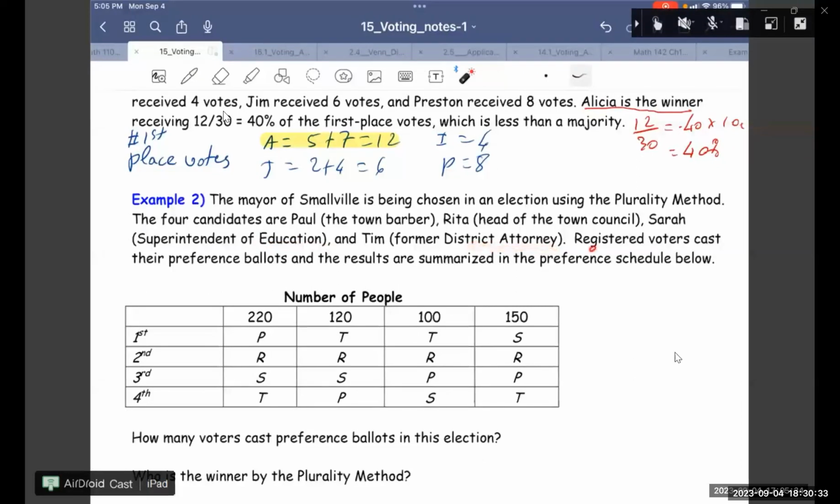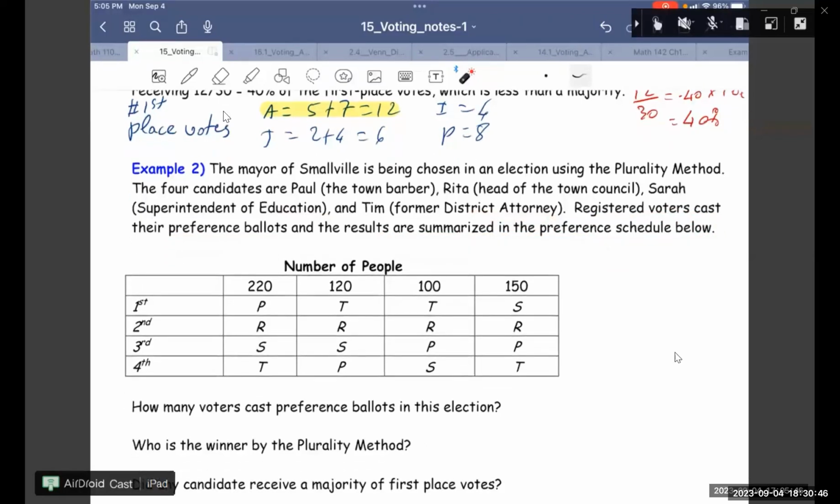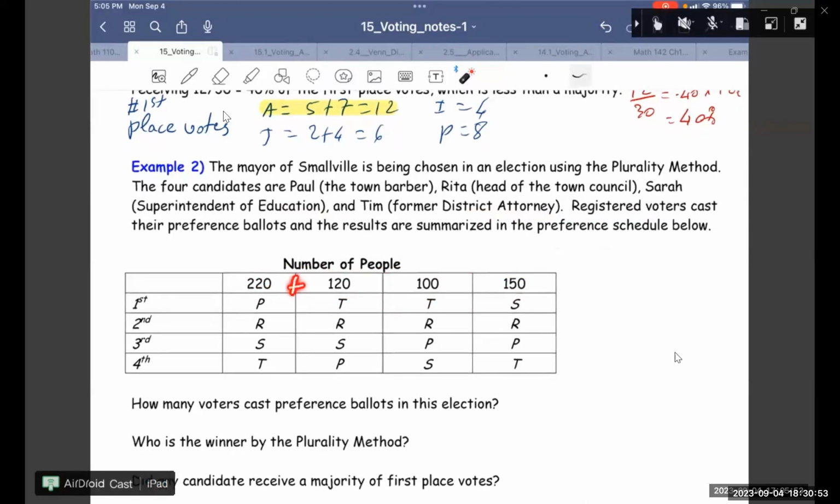The registered voters cast their preference ballots, and the results are summarized in the table below. So you can see how many voters there are in total. If we add all of this up, it equals 590. So this is the number of votes.